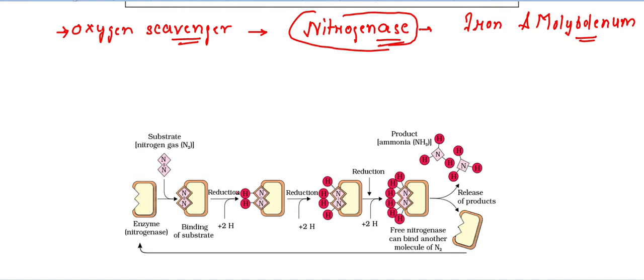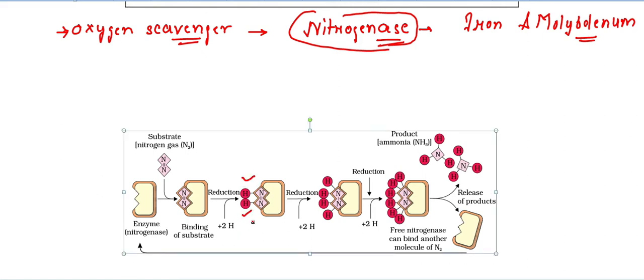And the weakened molecule of nitrogen is acted upon by hydrogen from a reduced coenzyme, and now diimide is formed.